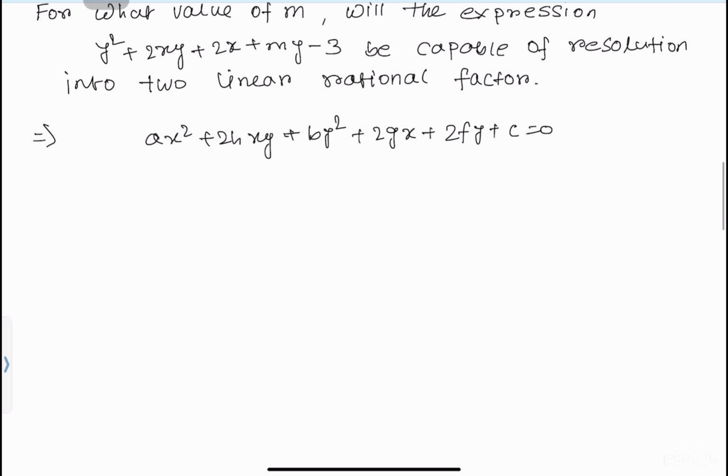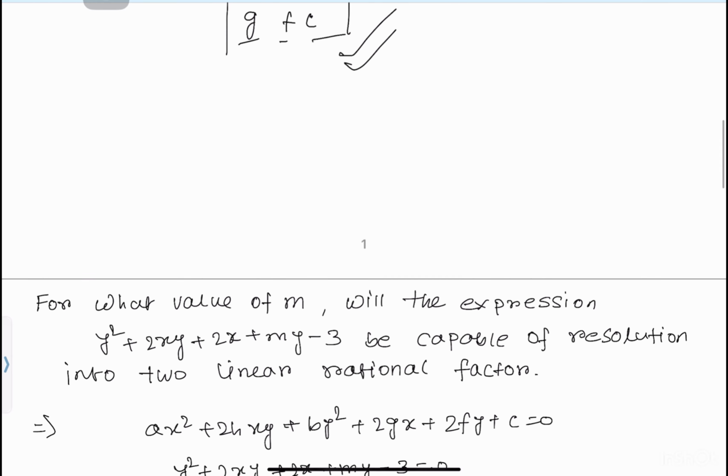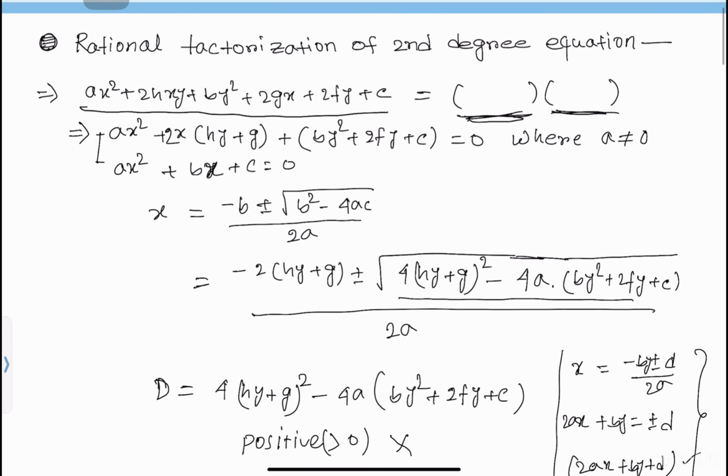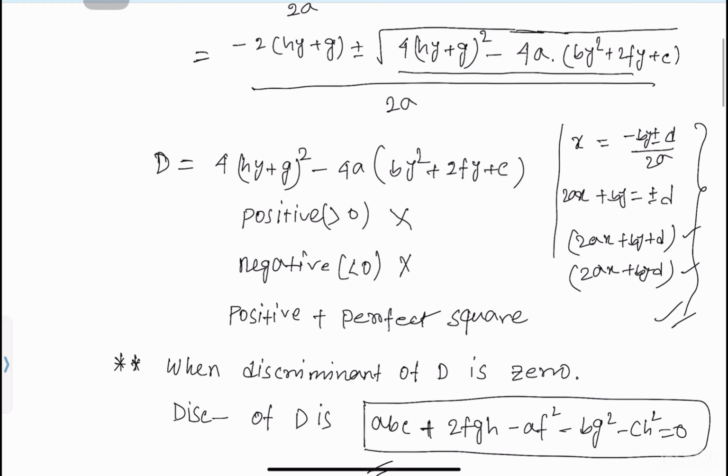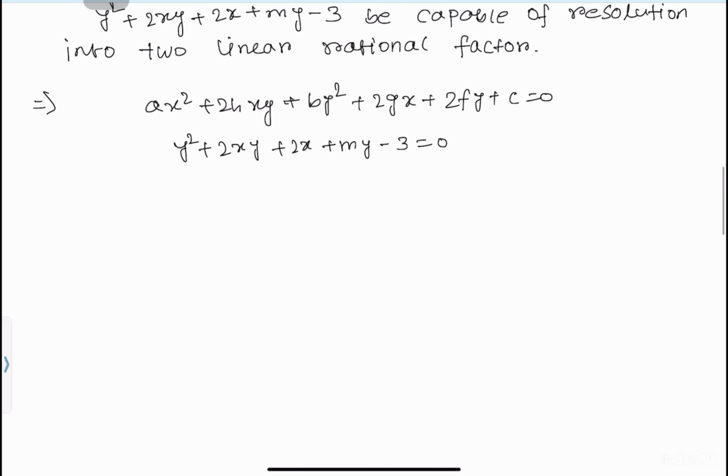This is the general format, and I compare it with the given equation, y square plus 2xy plus 2x plus my minus 3 equal to 0. Let me check once, 2hxy it was. Okay, this is correct. Now what is the condition for making linear rational factors?